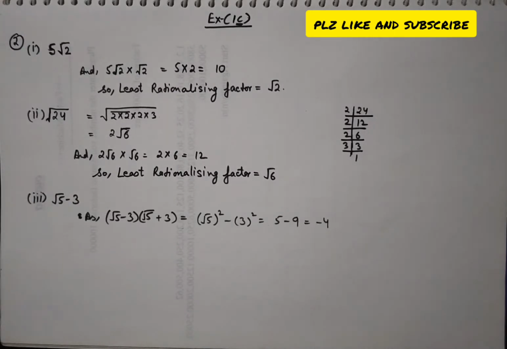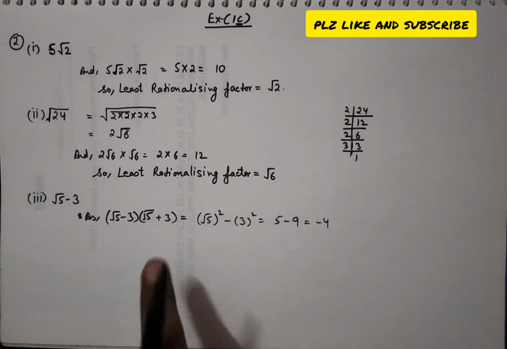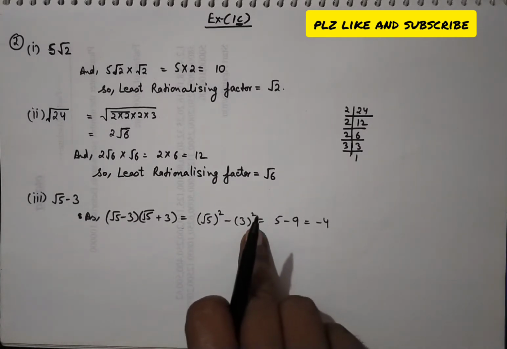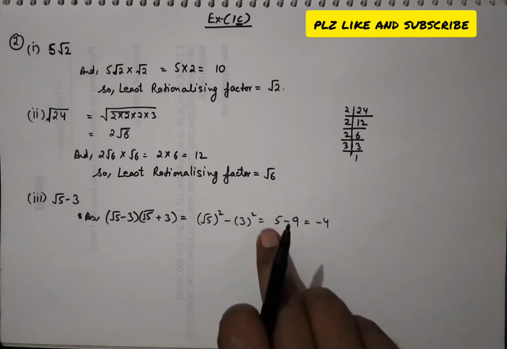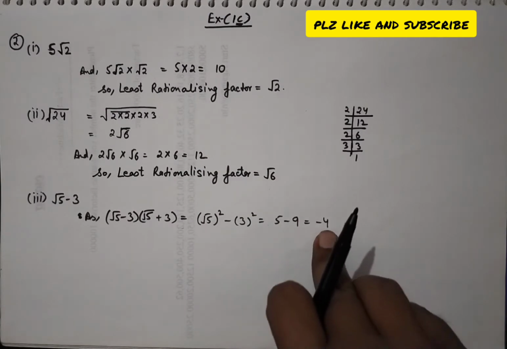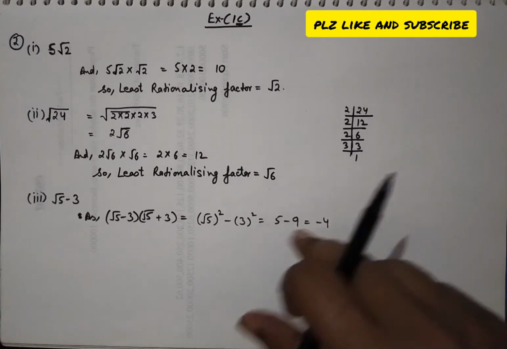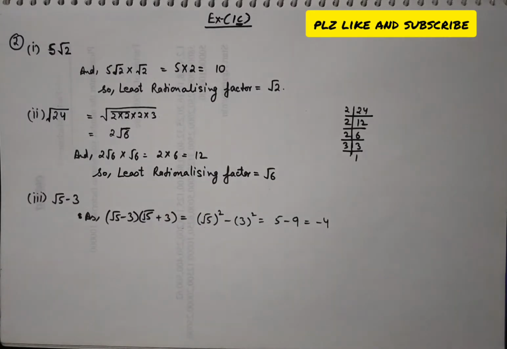So as here we are multiplying by the plus form, we get the a square minus b square form, that is root 5 to the square, 5, and 3 square, that is 9. And finally we get minus 4, which is a rational number. Therefore, the least rationalizing factor is root 5 plus 3.